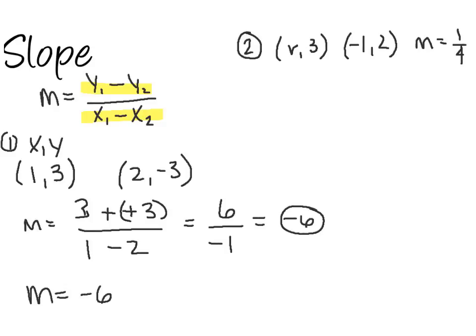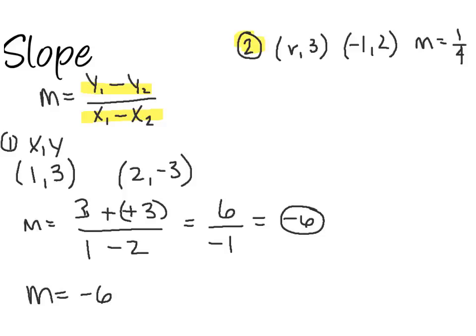Alright, let's look at this example 2 here. So I've got r comma 3 and negative 1 comma 2, and they're telling me the slope is 1/4. So I want to find what that r value is.